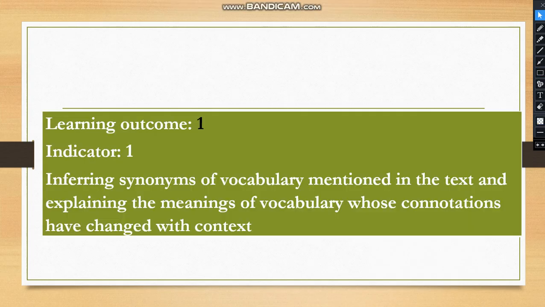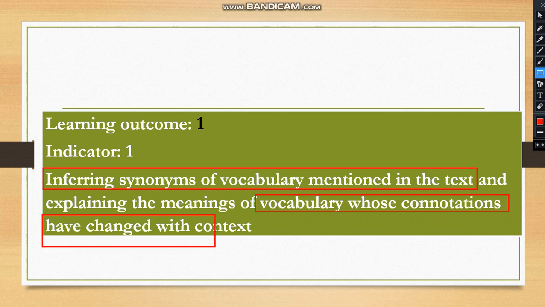Now let's consider again our indicator number one, and see whether we have approached it in a nice manner. We discussed first inferring synonyms of vocabulary mentioned in the text, and then we also talked about vocabulary whose connotations change with the context.